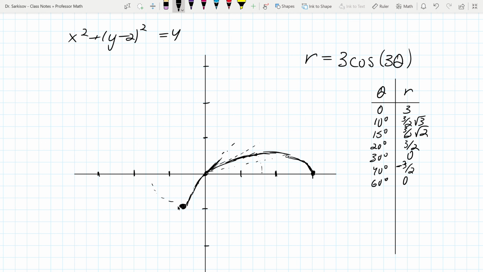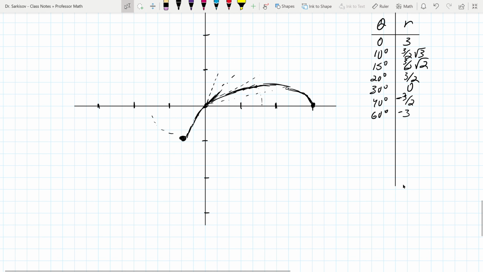Oops, that wasn't correct. Let me delete that 0 there, because of course cosine of 180 is -1. So -3. So at 60 degrees, you're going to go all the way to the maximum cosine can be, which is -3, right there.